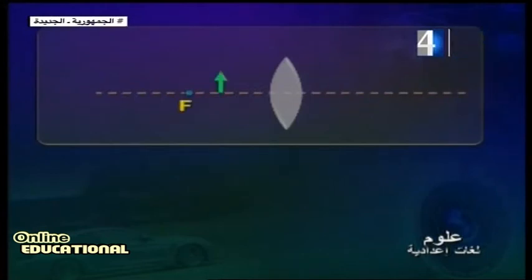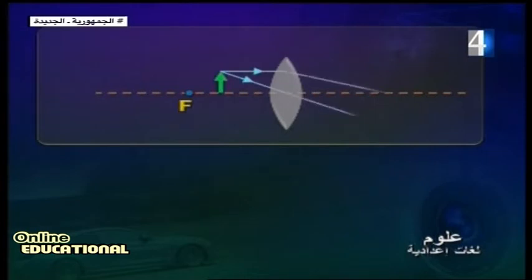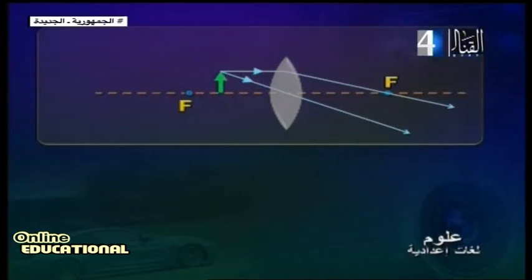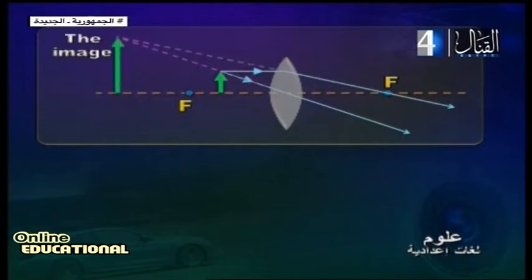But in the last case, here the object is at a distance less than the focal length, we try to draw the image. A light ray that falls parallel refracts through the focus, and at the optical center passes without refraction. So by drawing the extension of the refracted rays, here we have the image.